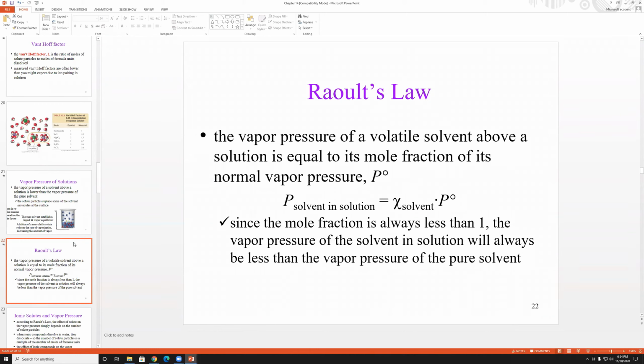Once you start decreasing the mole fraction of the solvent, meaning you're increasing the mole fraction of the solute, you're going to have a corresponding decrease in the vapor pressure of the solvent in the solution, because you're going to have more solutes in there that are making more interactions with the solvent, not allowing it to come out of solution as easily as if it was by itself.